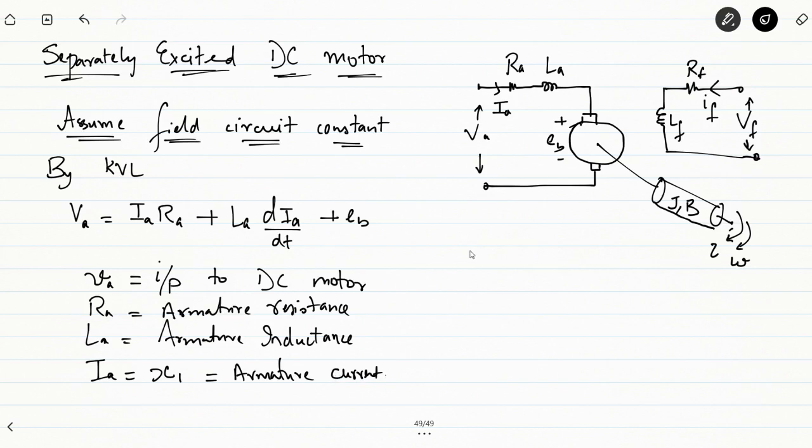Whereas EB is the back EMF, and we know the back EMF is proportional to the speed of rotation, and also proportional to the field current. As we have assumed the field current to be constant, it will only be proportional to the speed of rotation omega, where KB represents the back EMF coefficient.